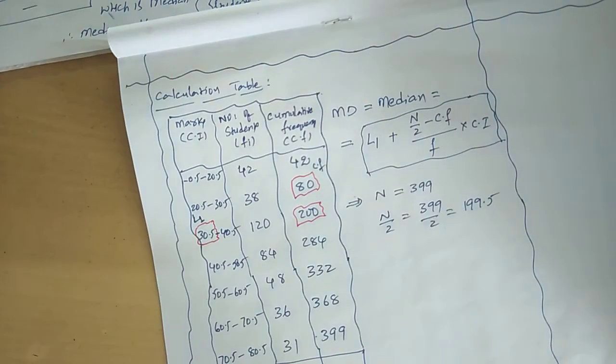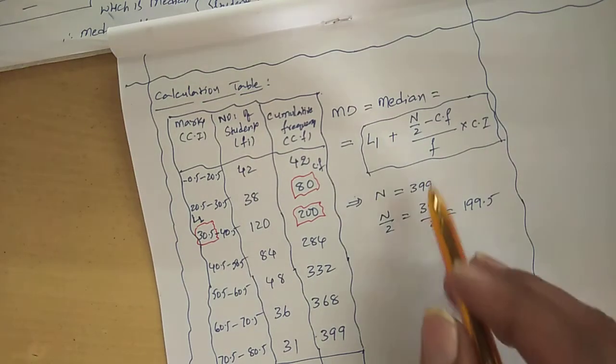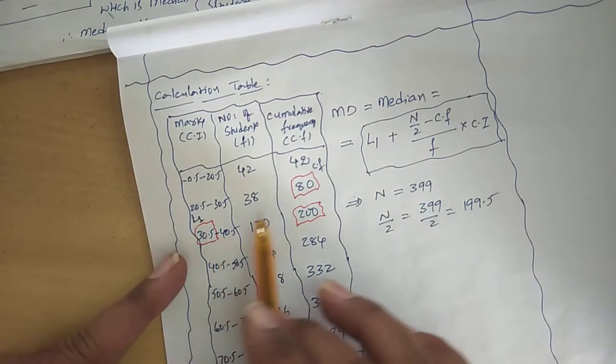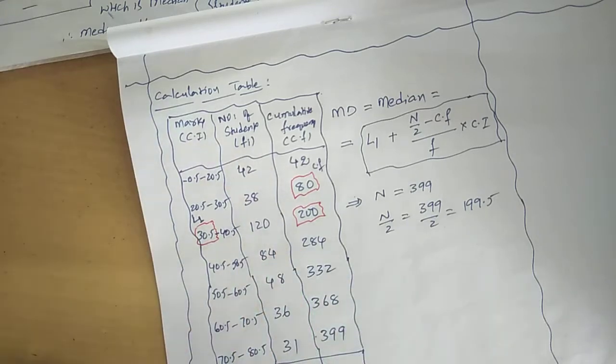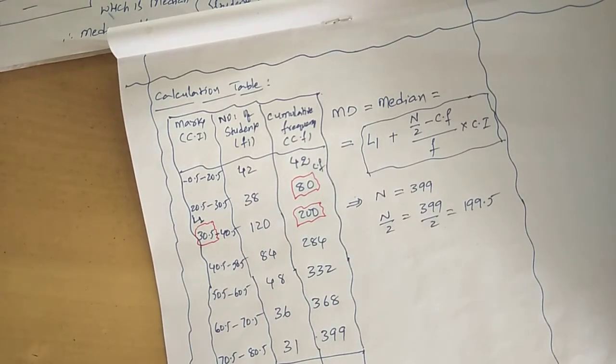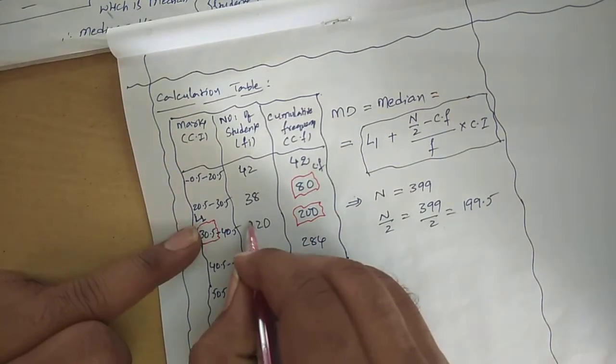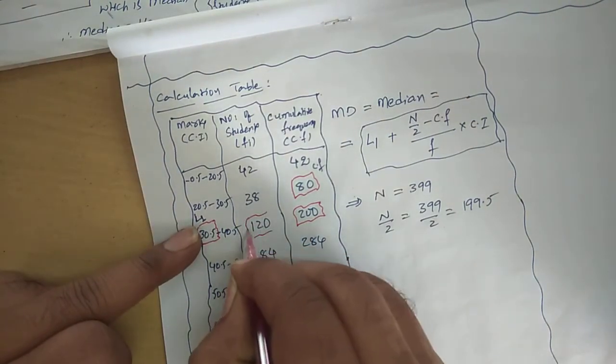Okay. Now what is F? F is going to be the frequency of the median class, this complete one.